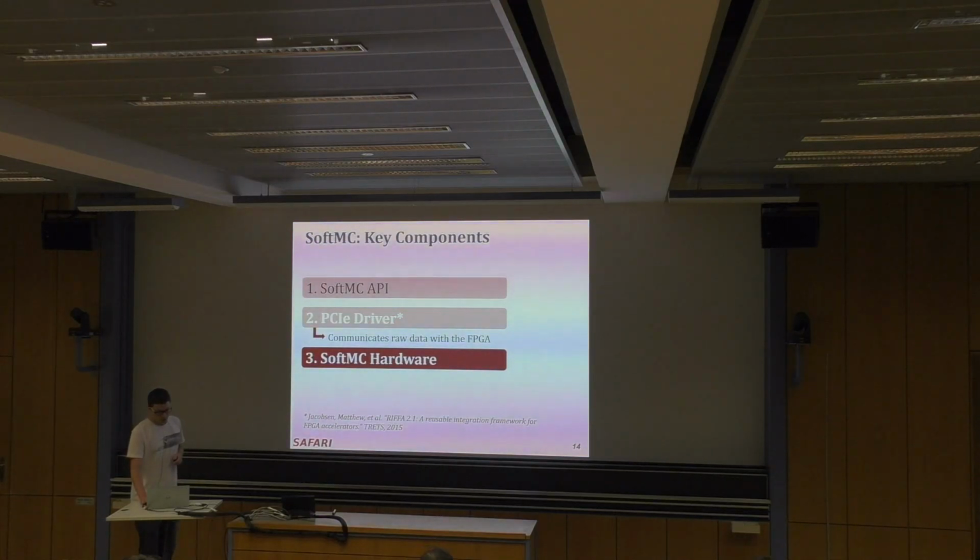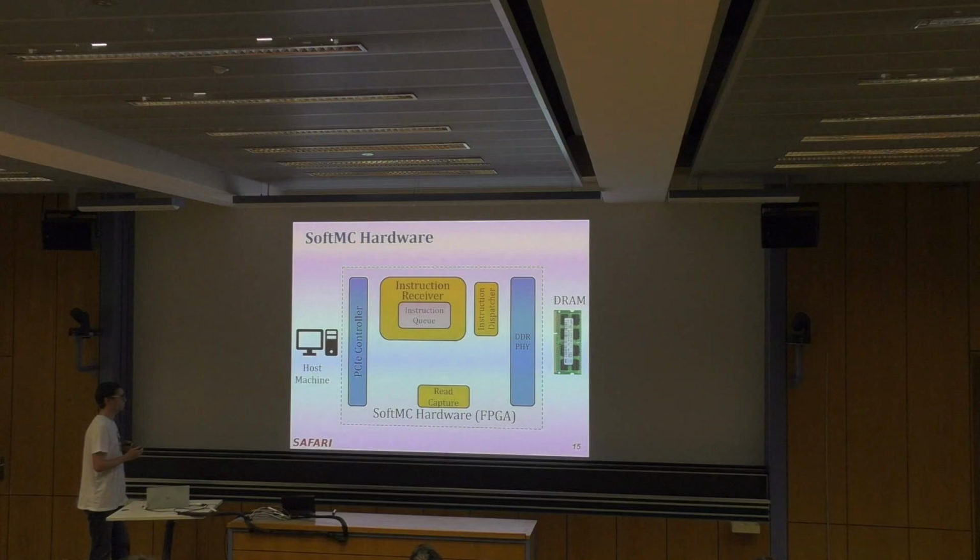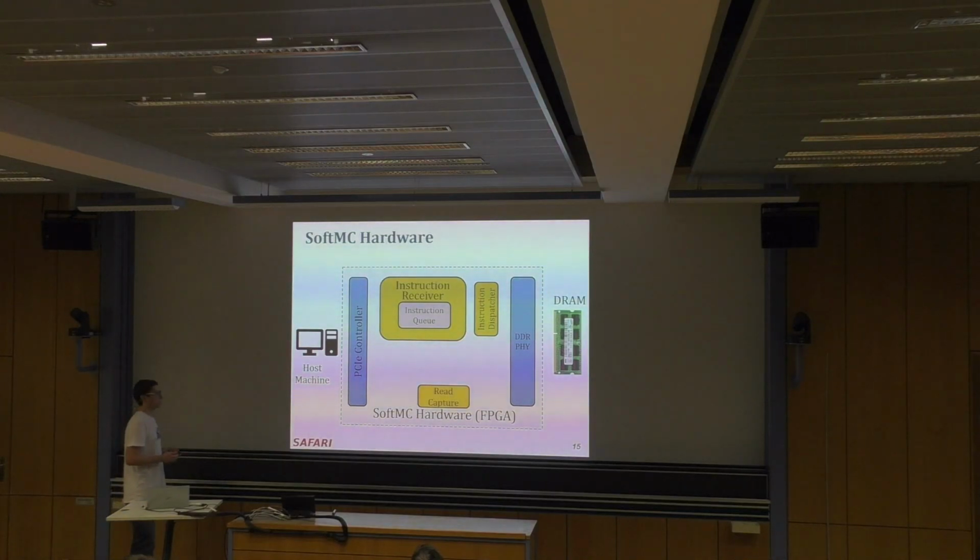Okay, and also let me show you here a picture that describes how the SoftMC hardware works. Here we have a bunch of components. The PCIe controller communicates with the host machine. Here we have something called the instruction receiver and instruction queue. These will basically buffer and dispatch the instructions sent by the host machine, together with the instruction dispatcher.